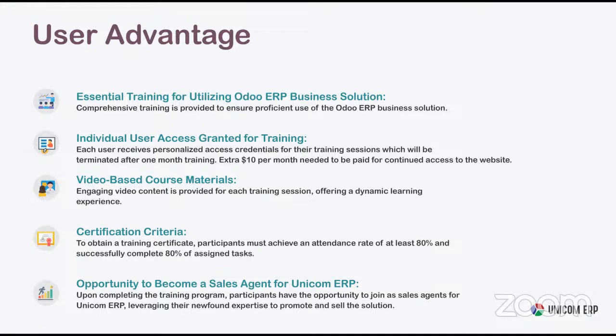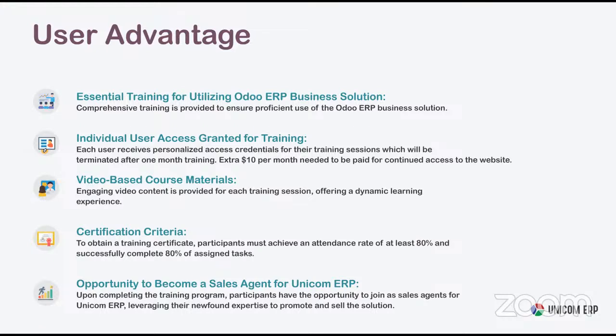Okay. Next is video-based course materials available for you. You will have access to detailed video content of the trainings provided to you. Those will be available in the portal.